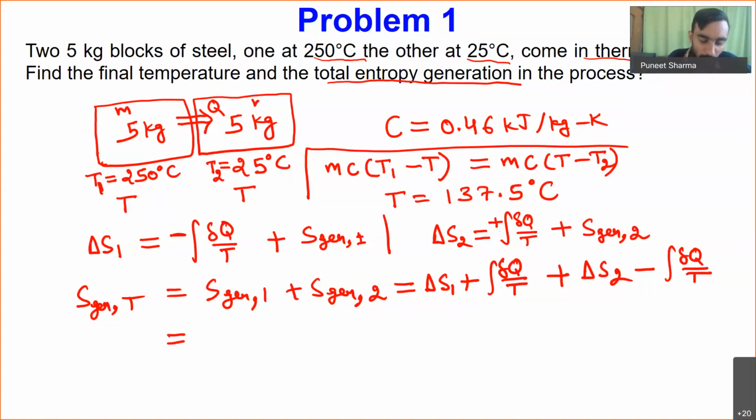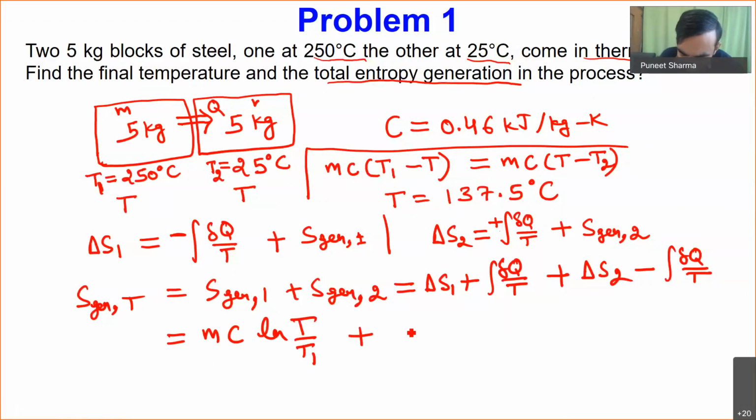Now for the first block we have a change of temperature from T1 to T. So I can write M into C ln T divided by T1 plus R ln V2 by V1. So V2 by V1 is 1, so that term is 0. For solids and liquids, entropy change is nothing but MC ln T by T1.